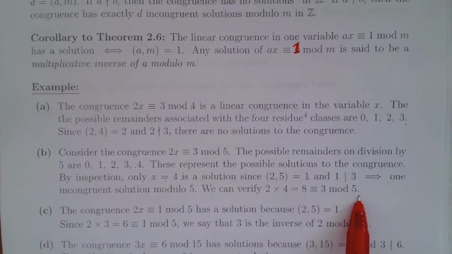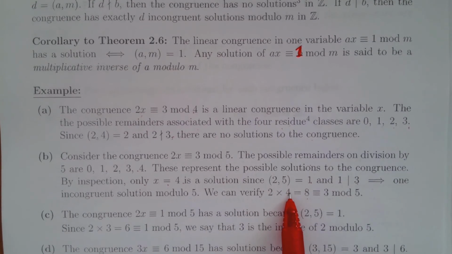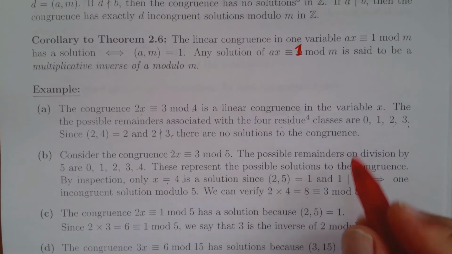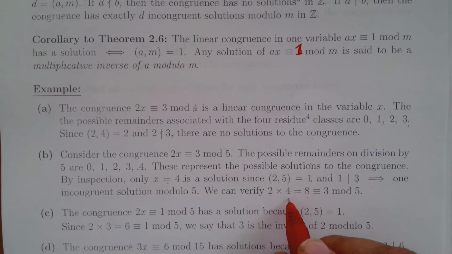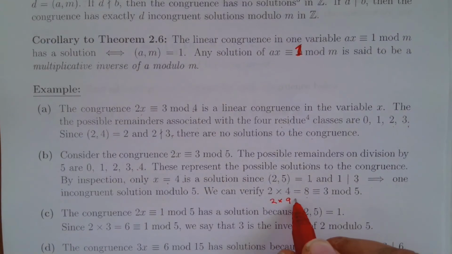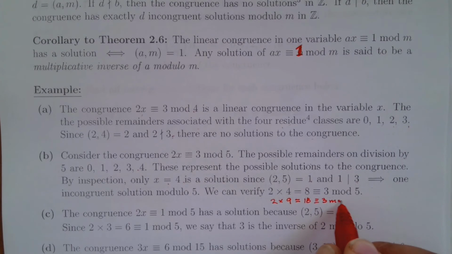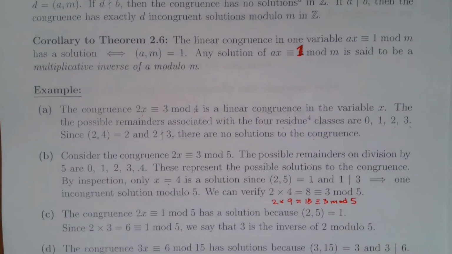Now, all our solutions will be 5 away from 4. I could have 2 times 9. Well, 2 times 9 is equal to 18, and that's going to leave a remainder of 3 on division by 5.